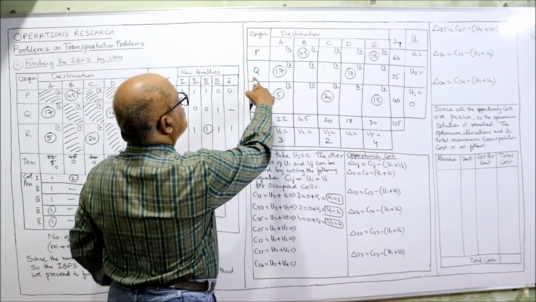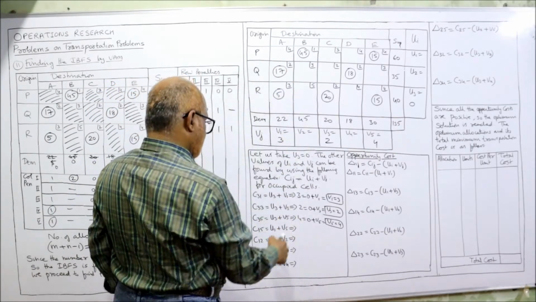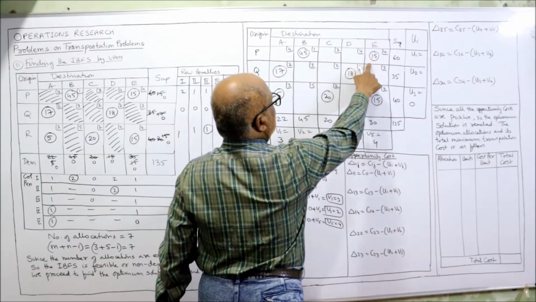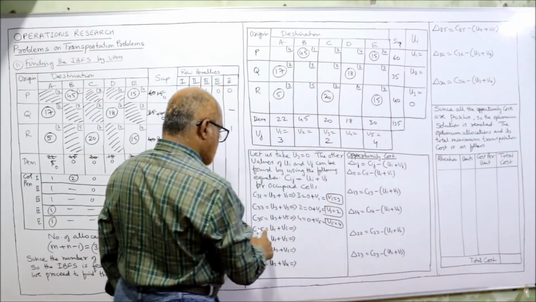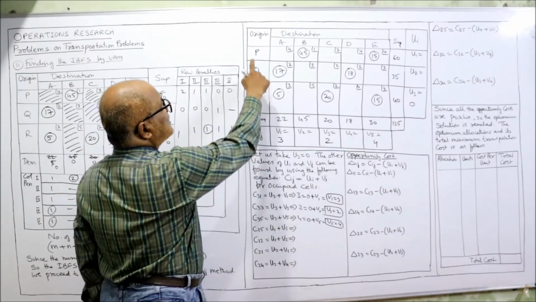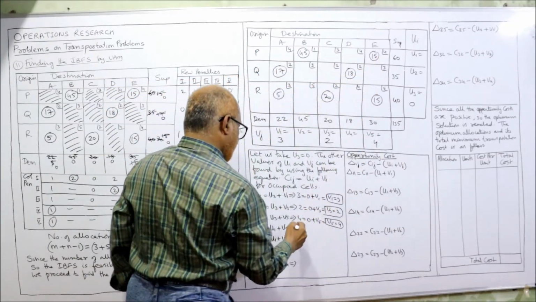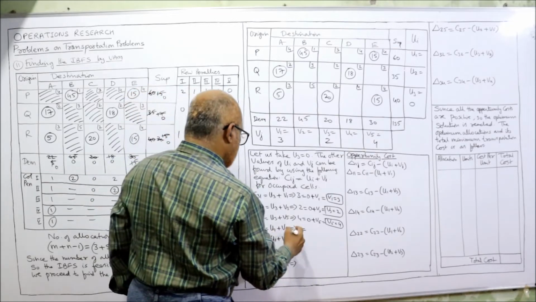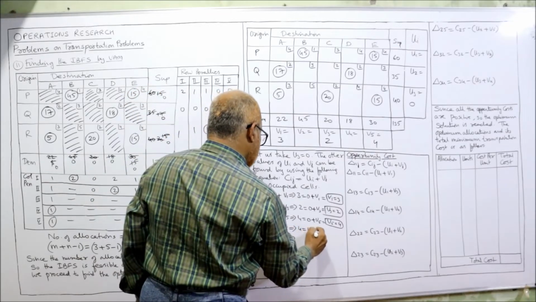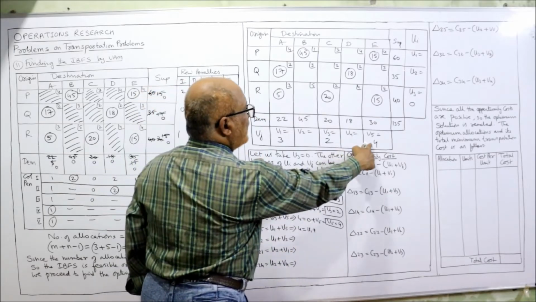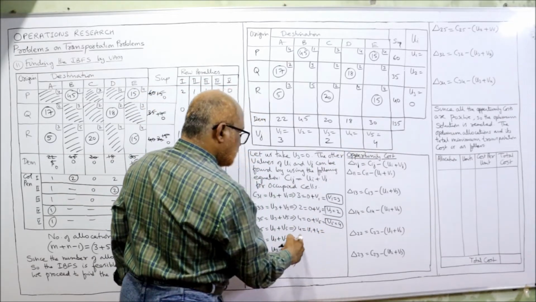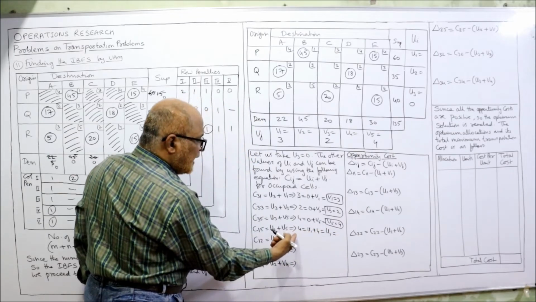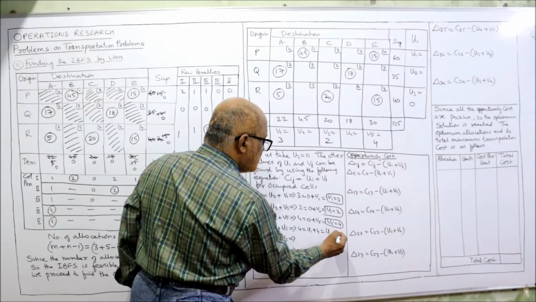Now I'll move on to C15, this one. C15 is equal to u1 plus v5. C15 is 4. 4 is equal to u1, which we don't have, plus v5, which we already have as 4. So u1 is equal to 4 minus 4, which is 0.